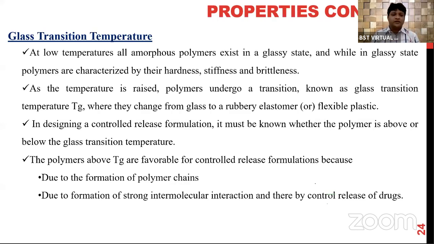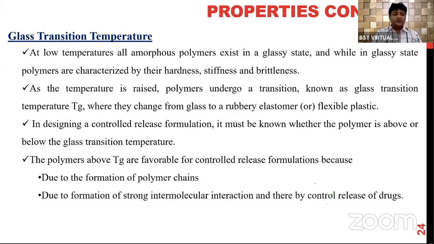Suppose, for example, the temperature of the method during the preparation of the solid dosage form is 70 degrees, and the glass transition temperature for polymer A is 60 degrees centigrade. That indicates that during this manufacturing cycle, the polymer came under the glass transition temperature. So the rearrangement of the molecular chain will take place.